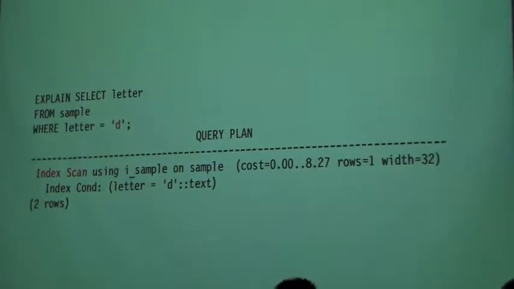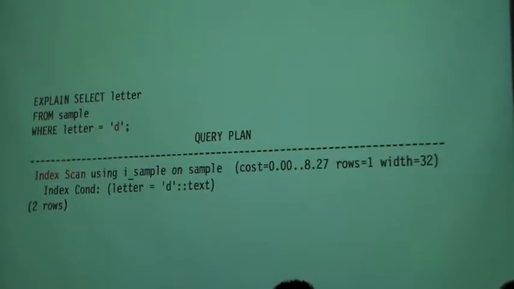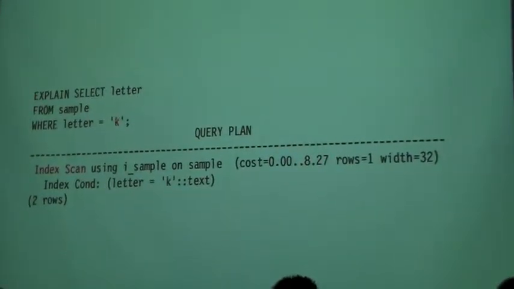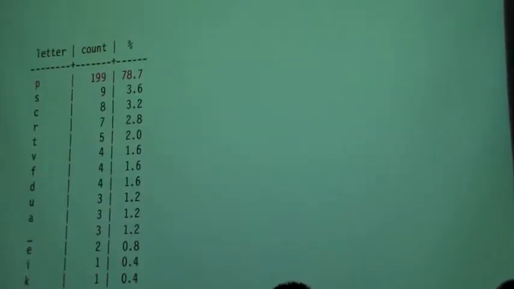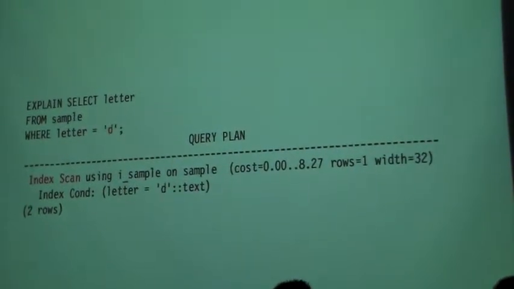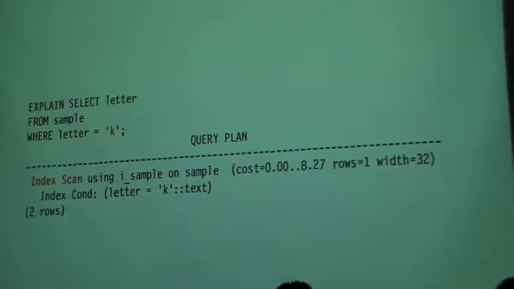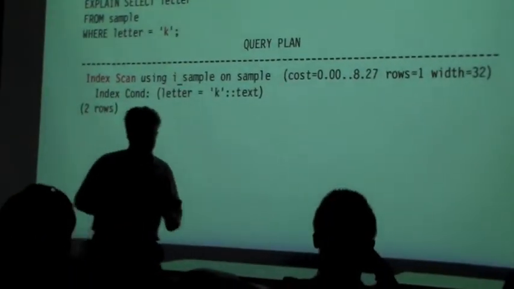So what if I do a D, which happens to be kind of in the middle here, I got 4 of those. That's also an index scan. And then what if I do a K? That's my rarest value, and it's doing the same thing. I got an index scan for all 3 values.